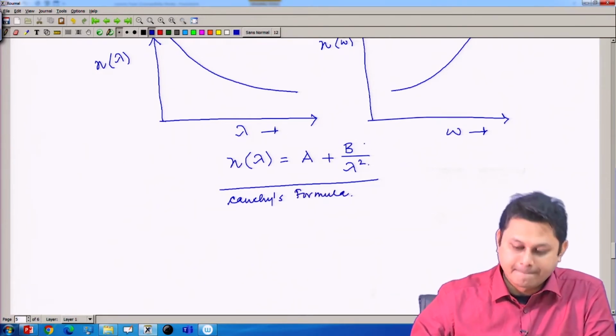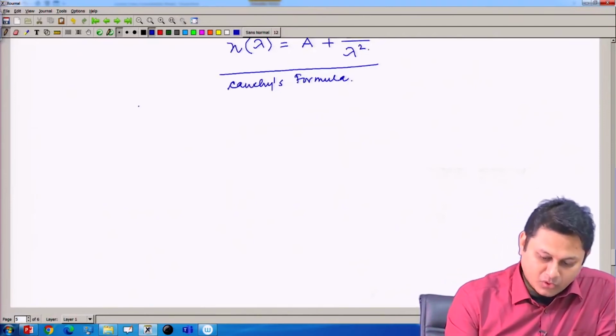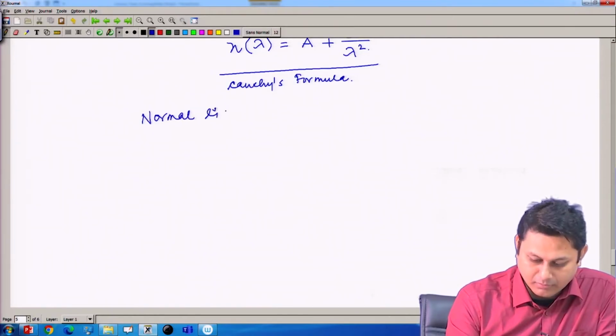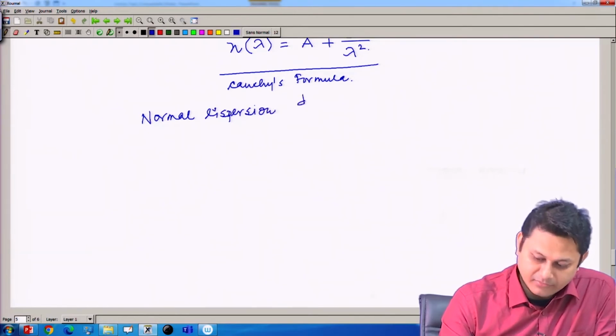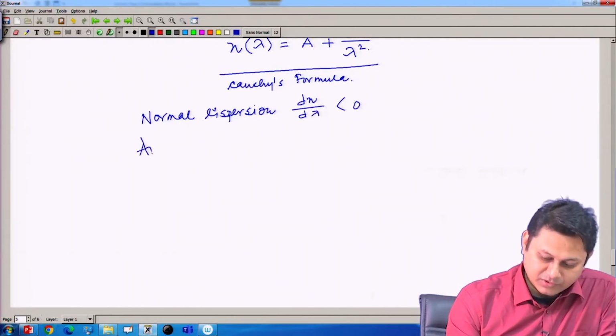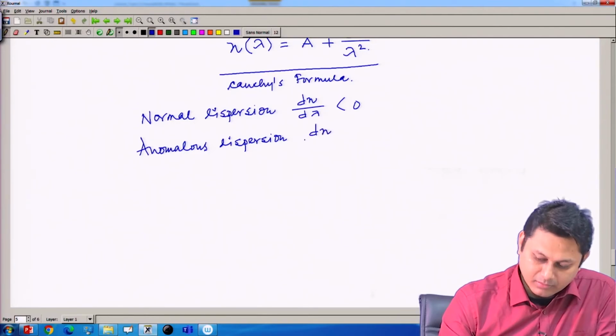Now, for normal dispersion, as I mentioned, we have dn d lambda less than 0, and for anomalous dispersion, dn d lambda is greater than 0.